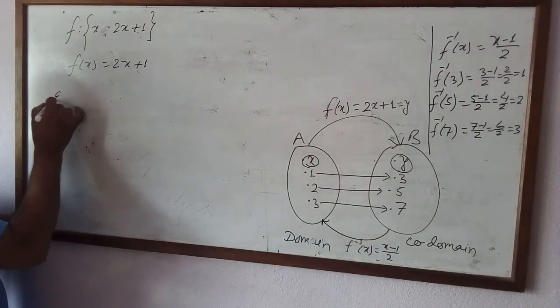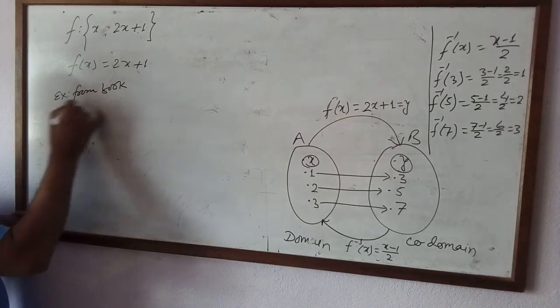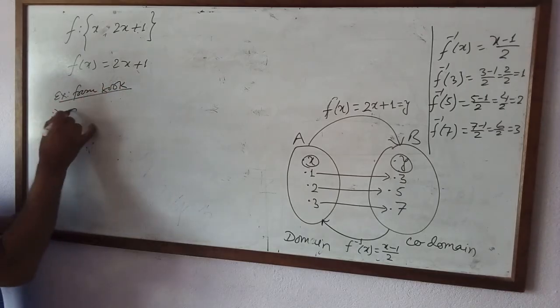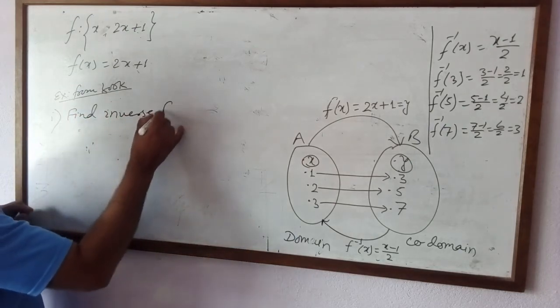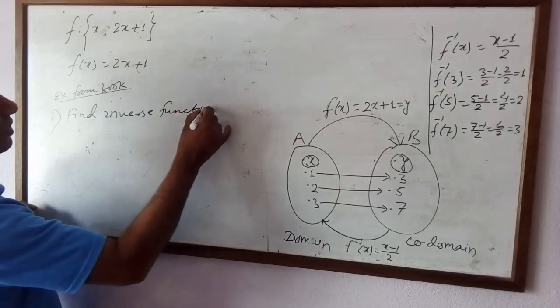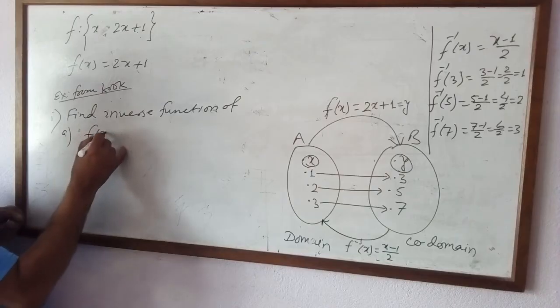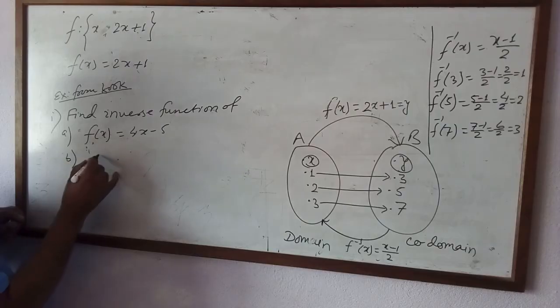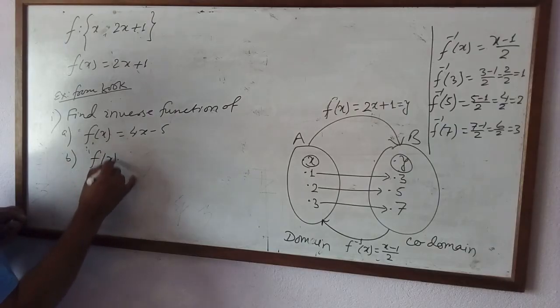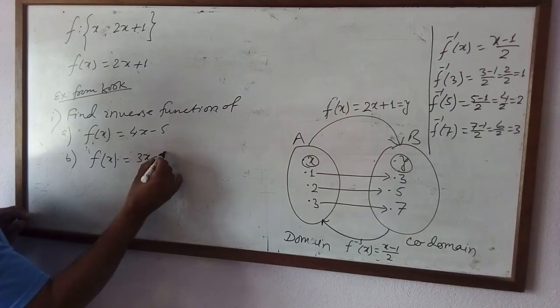You can do the exercise from the book, or find the inverse function of a few examples. A: f x equals 4x minus 5. B: f x equals 3x plus 8.